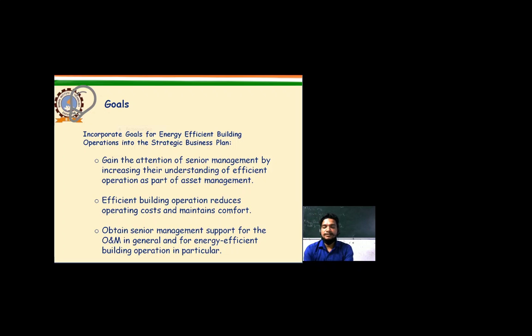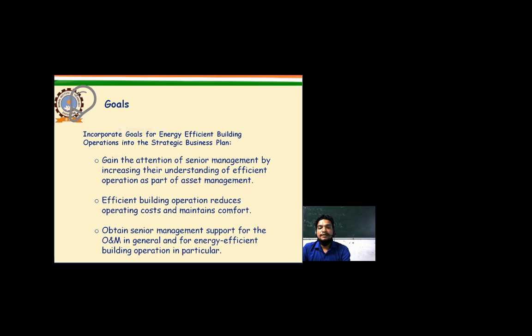First point is gain the attention of senior management by increasing their understanding of efficient operation as part of asset management. Definitely, if the management is not serious or aware of efficient building operation, then you can't complete your task.